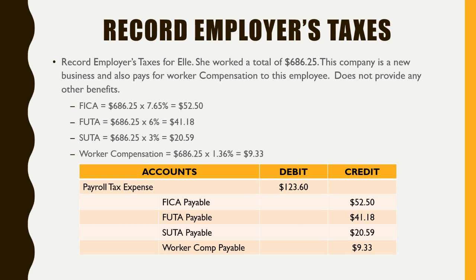So this is the company's responsibility. So one, to put into her unemployment, to put into the state unemployment, and to also contribute to her Social Security and Medicare. So that is the company's responsibility for having L as an employee.